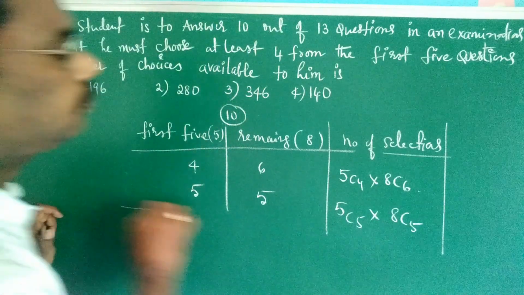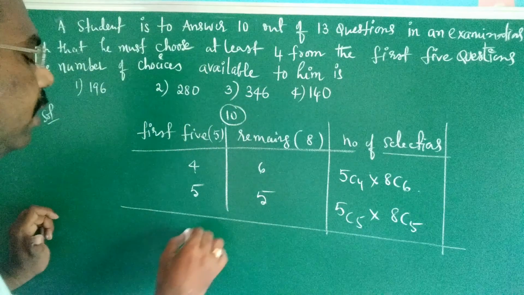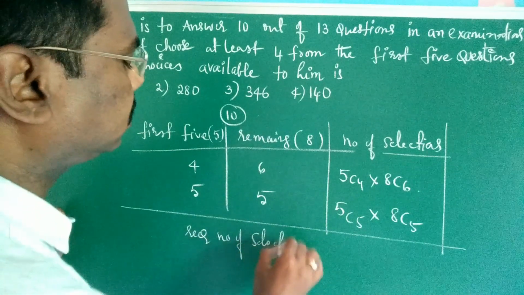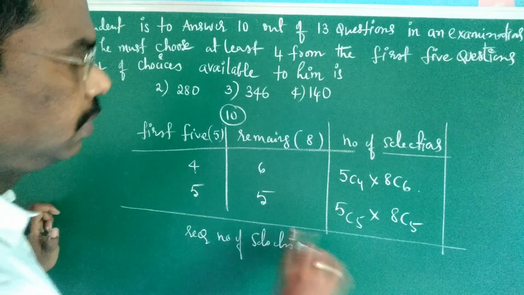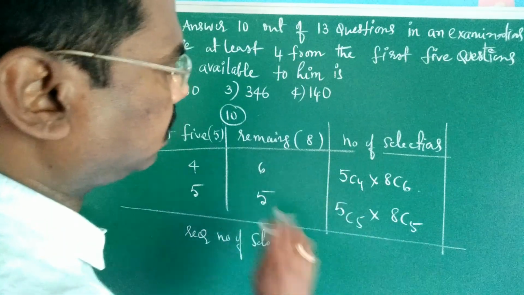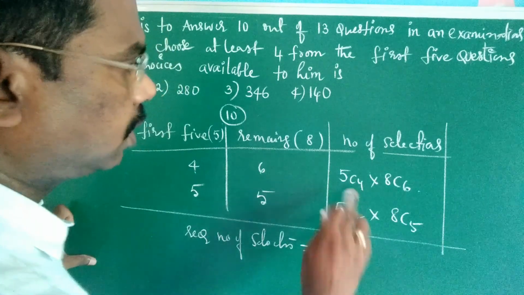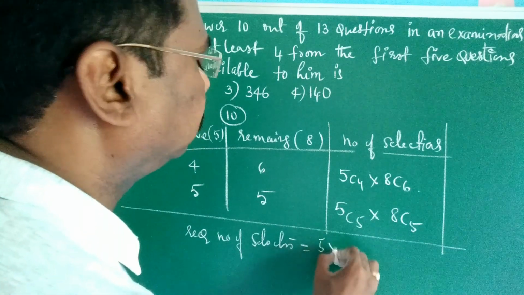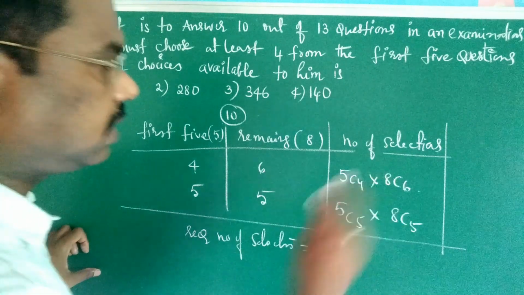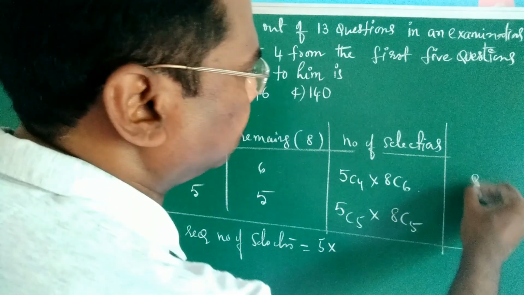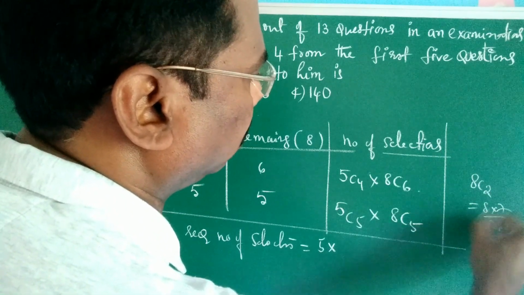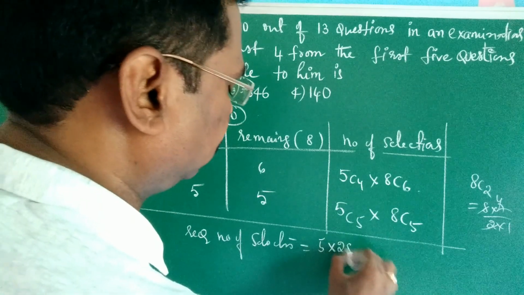Now the total required number of selections: 5C4 is equal to 5C1, which is 5. Now 5 into 8C6, and 8C6 is equal to 8C2. 8C2 means 8 into 7 by 2 into 1, which is 28.